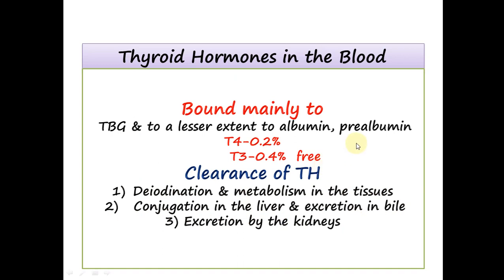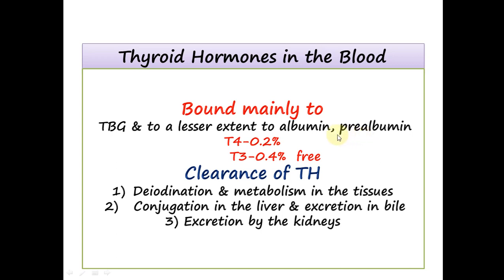Now, once the thyroid hormones are released by the follicular cells into the blood, they are carried in the blood bound to various proteins. The most important is thyroid binding globulin. Some thyroid hormones are also bound to albumin and pre-albumin.